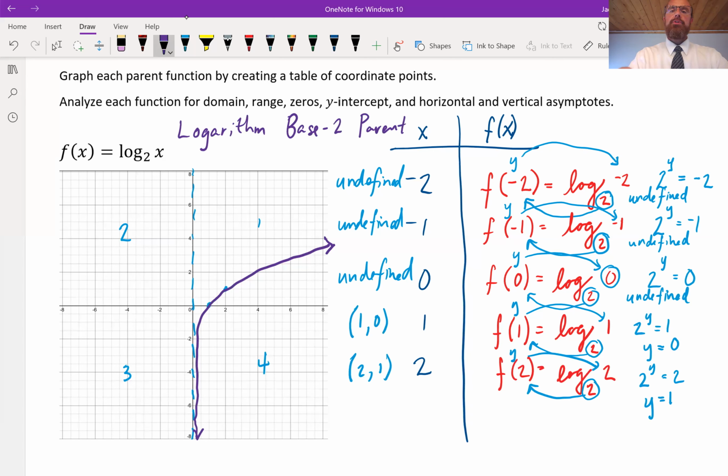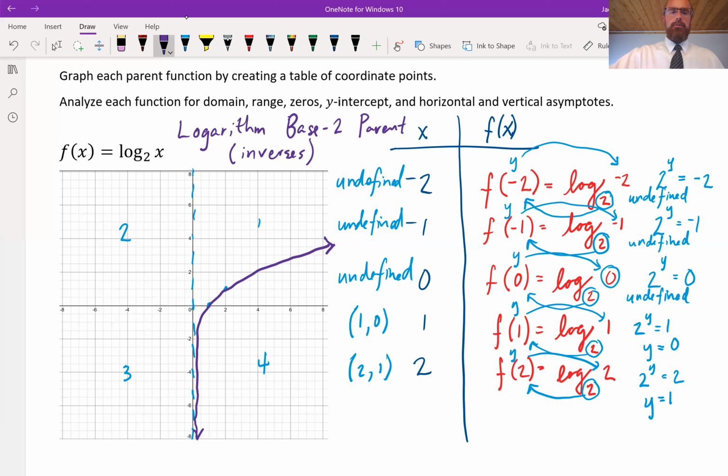And the relationship that we give to this is that they are inverses. So notice one thing, on the exponential base 2, we had a horizontal asymptote at the x-axis. Here on the logarithm base 2, we have a vertical asymptote at the y-axis. And one thing that we'll see, and really we'll see this more next unit, is that inverses switch their domain and their range.